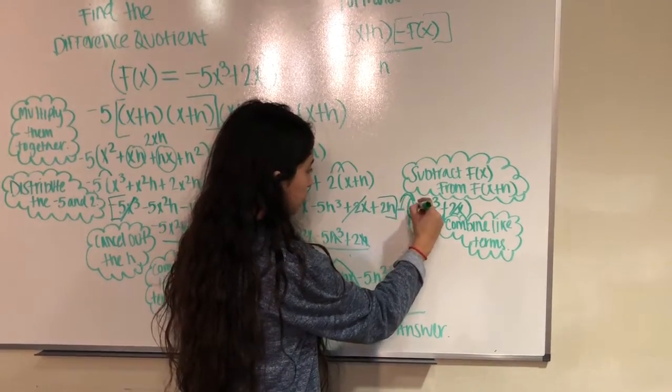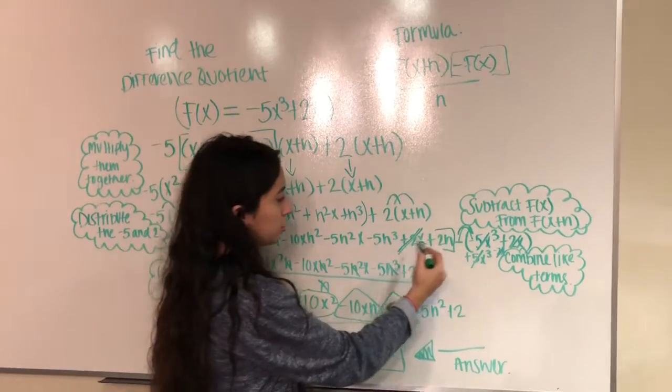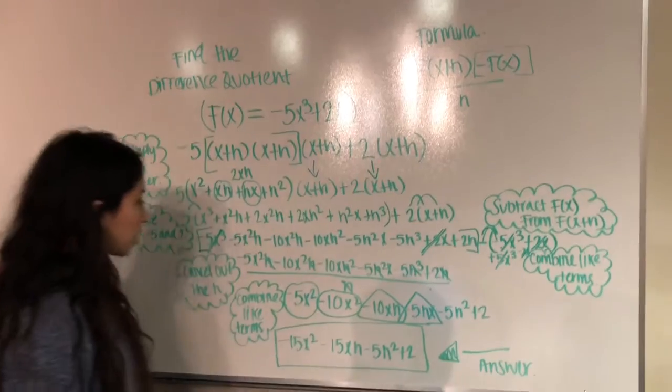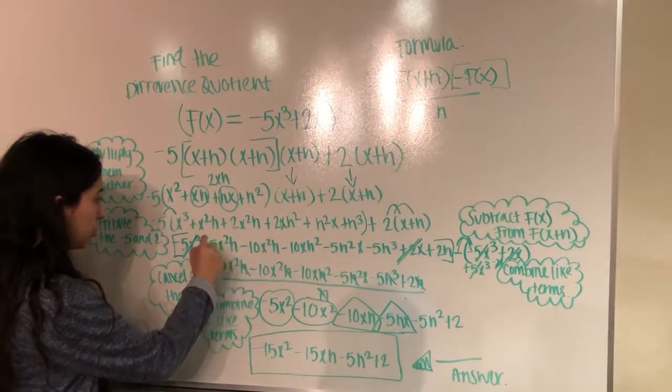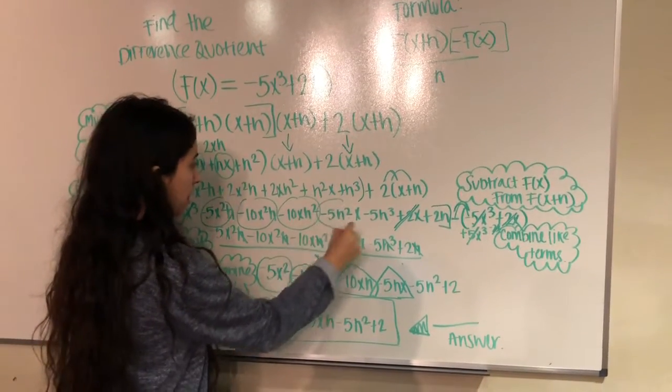It's positive because we distributed the negatives. And 2x is going to cancel out with negative 2x. Now we're just going to bring the rest of the problem down. So all this right here is going to come down.